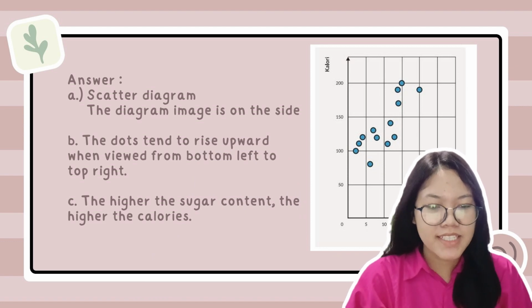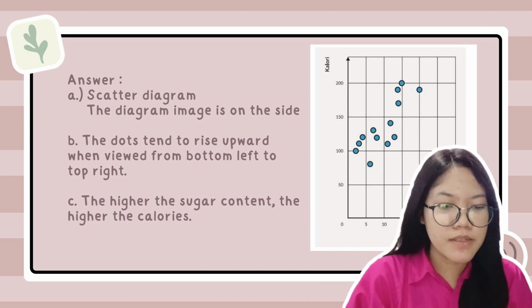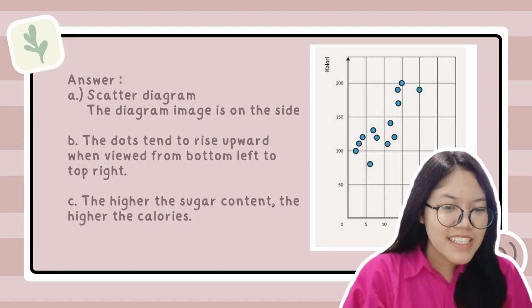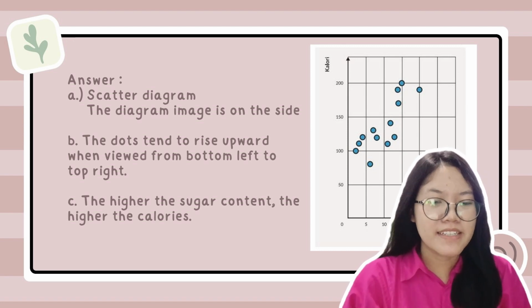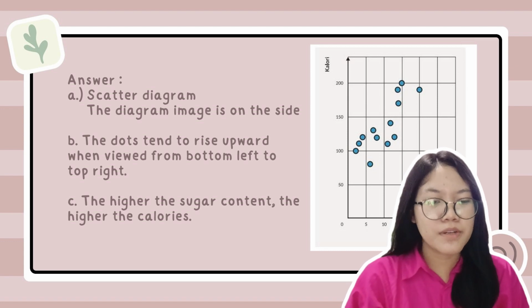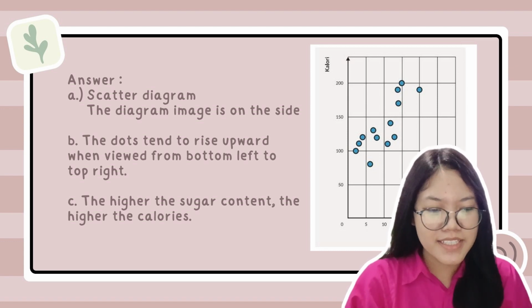Question B. What is the distribution pattern of the points drawn in the diagram above? If we draw the diagram, we know the dots tend to rise upward when viewed from the bottom left to top right. We can see that from the diagram we made before.